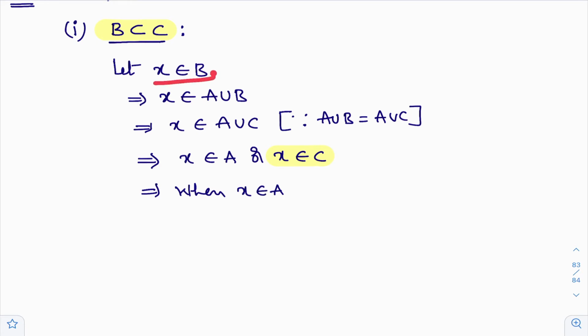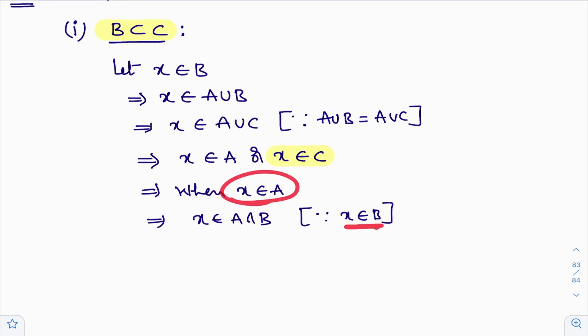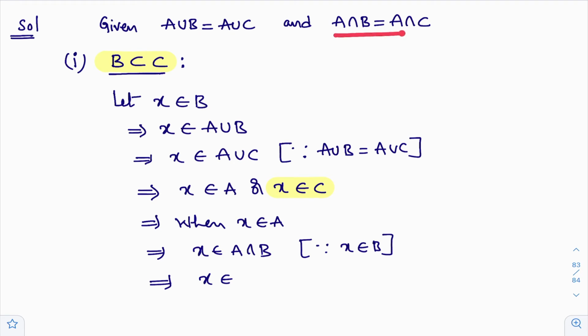Here, as I started with X belongs to B, if X is there in set A, then I can say that X belongs to A intersection B. When X is there in set A as well as there in set B, then definitely X belongs to A intersection B. You can look here in the given data, they given that A intersection B is same as A intersection C. So in place of A intersection B, I can write A intersection C.